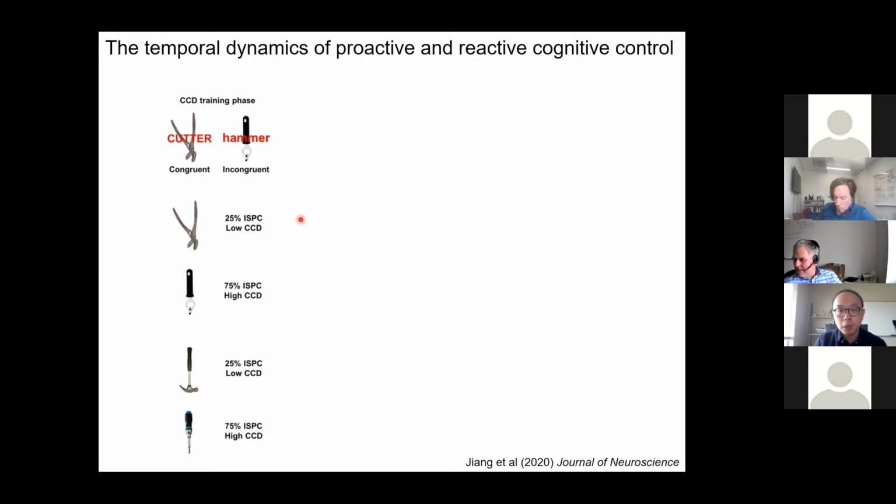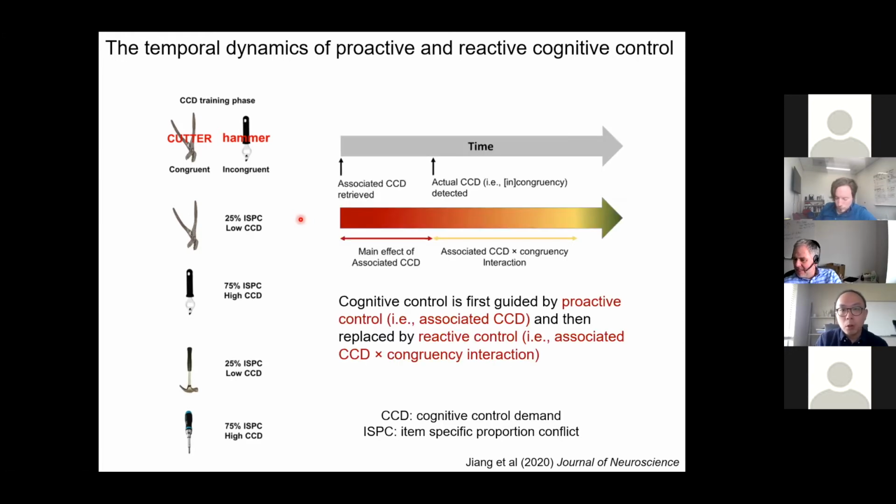Basically, we take an idea from the dual mechanisms of control theory. Say this is a time course within a trial, and this is a time point at which the actual control demand, in other words whether this trial is congruent or incongruent, is detected from the stimulus.